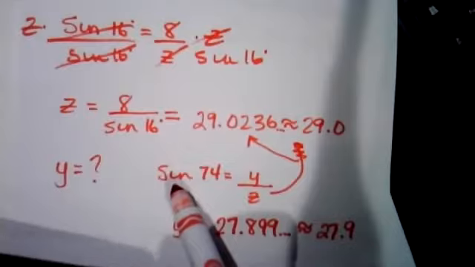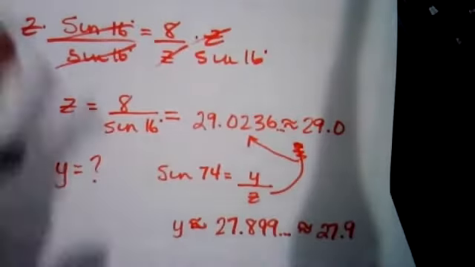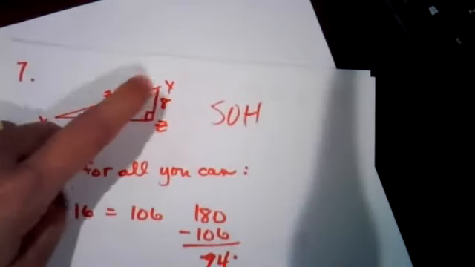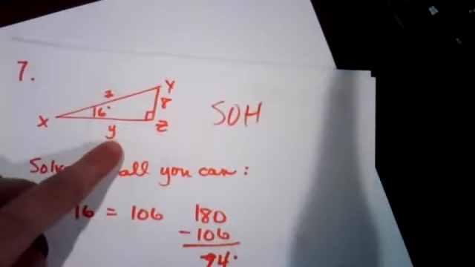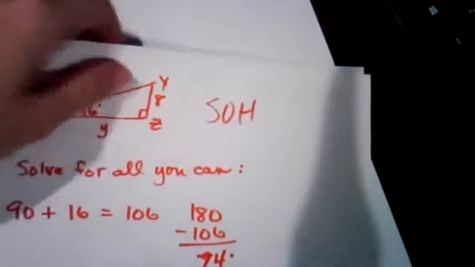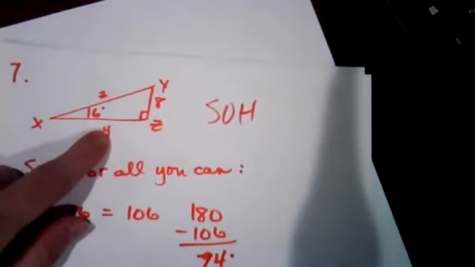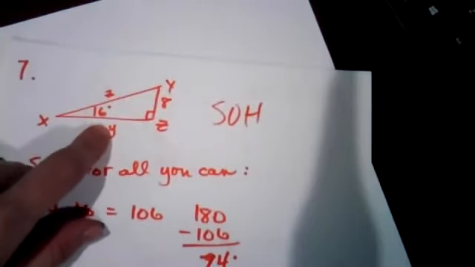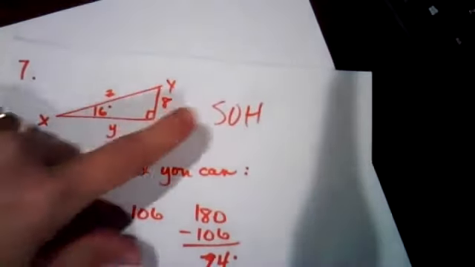So let's say the sine of 74. Remember this is 74, sine is opposite, so that's y over hypotenuse, which is x. Okay, we could have done, let's see, the tangent of y, because we already have 74 and we have 8.